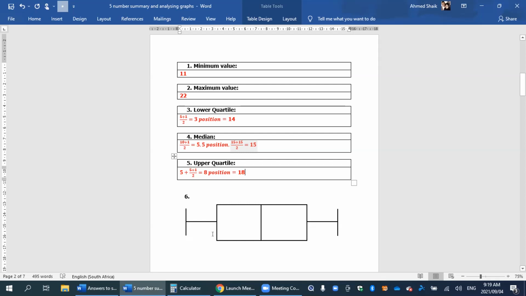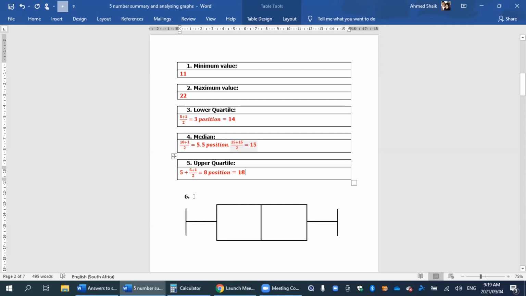The left-hand side of the rectangle represents Q1. The center line of our rectangle represents Q2. The right-hand side of our rectangle represents Q3, and the last whisker represents the maximum value, which is the highest value of our data set.